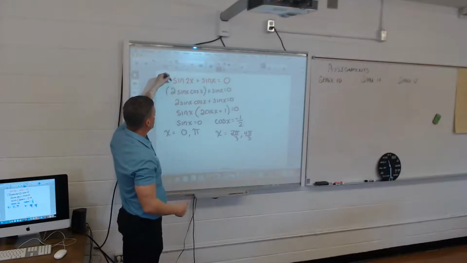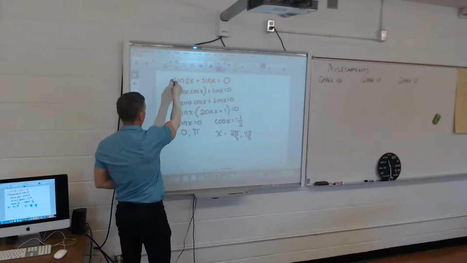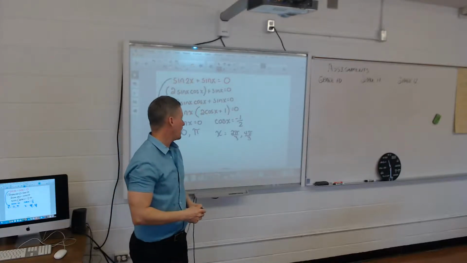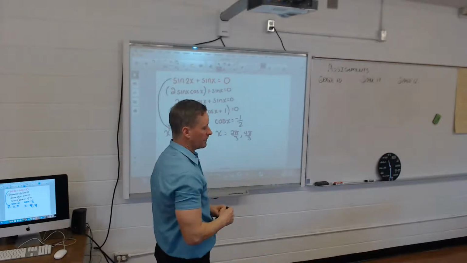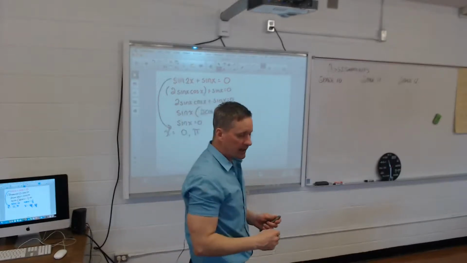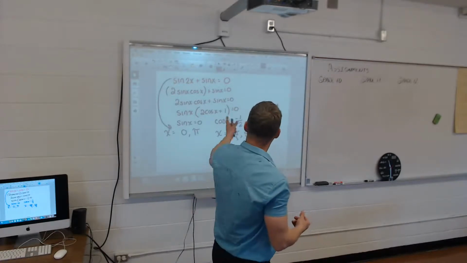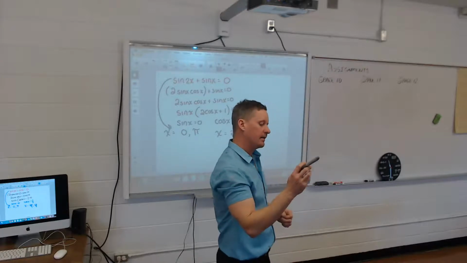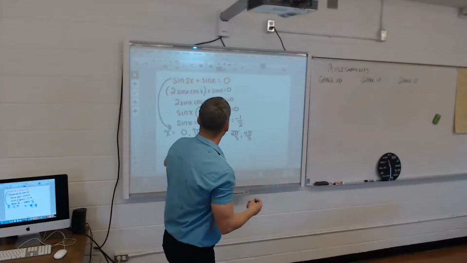So I started this question with sine 2x plus sine x. And I found my solution to be 0, pi, 2 pi over 3, and 4 pi over 3. So the only thing that is new to you so far is converting from a double angle identity to a single angle.